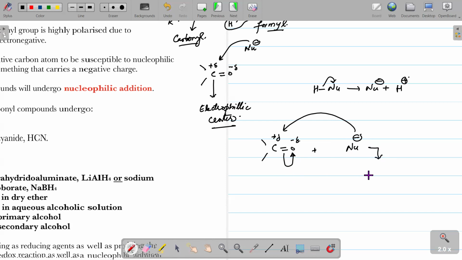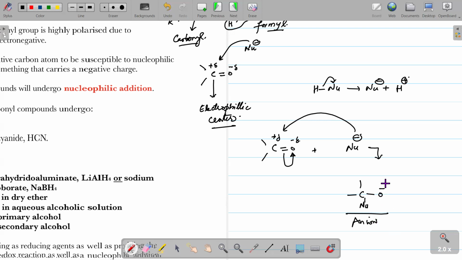So as a result, we get this product with O negative. I can call it alkoxide ion or simply oxide ion. You can say it is an anion, right?